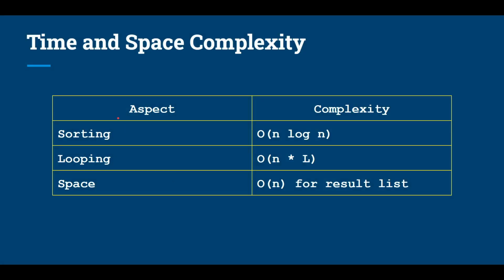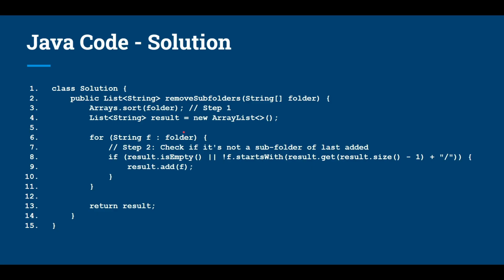If you talk about the time and space complexity, you know that sorting will take n log n, that is expected. Then we are doing a loop. Let's suppose n is the number of folders.